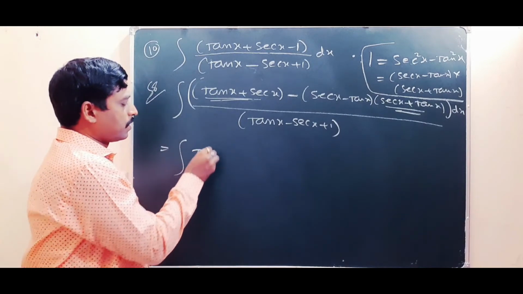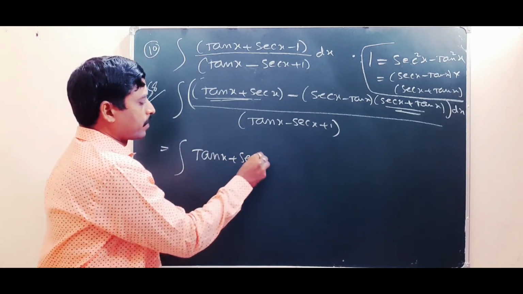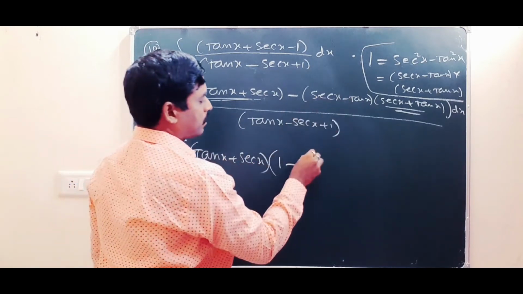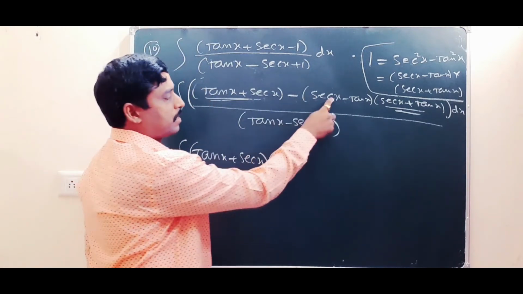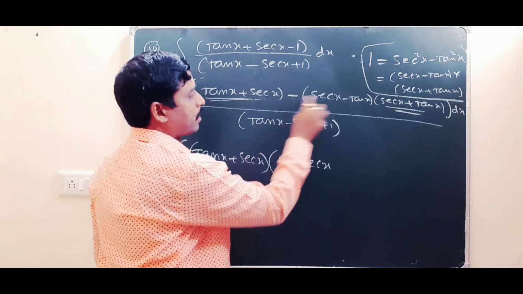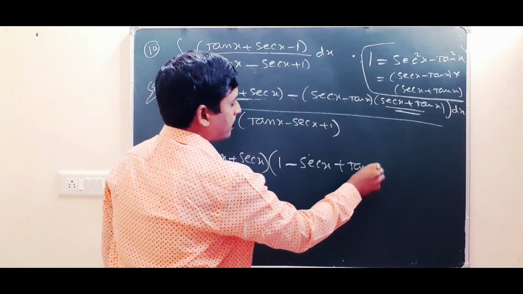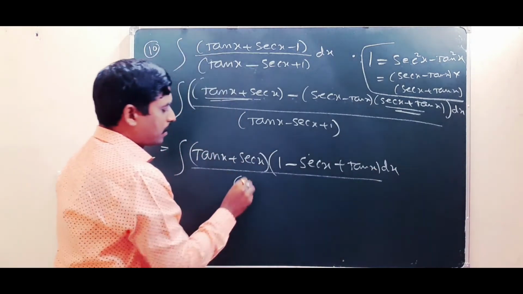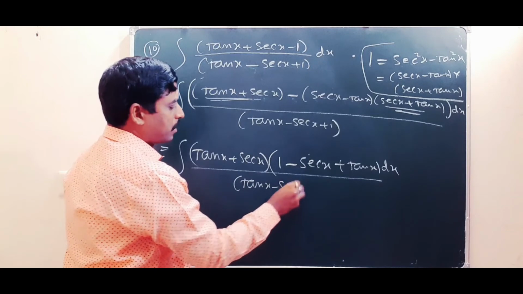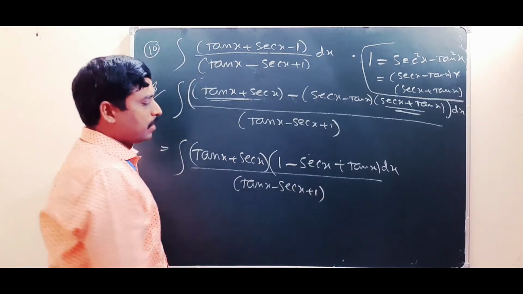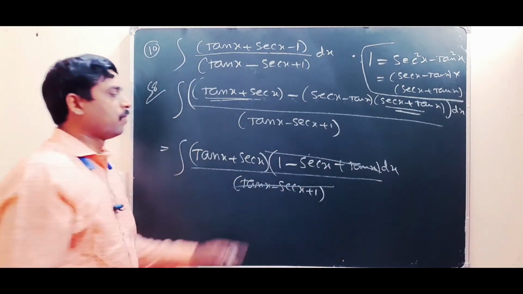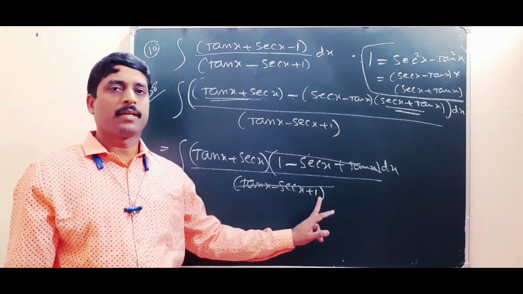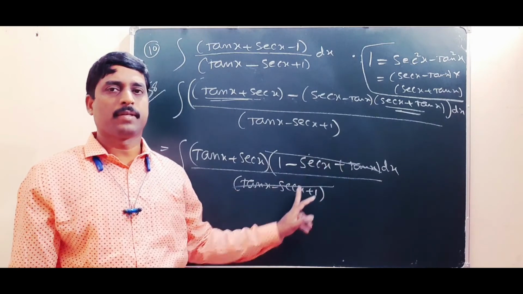So tan x plus secant x into, in the remaining, 1 minus secant x, and minus into minus gives plus tan x. This whole is divided by tan x minus secant x plus 1. Both factors, 1 minus secant x plus tan x and tan x minus secant x plus 1, are equal, so they get cancelled.